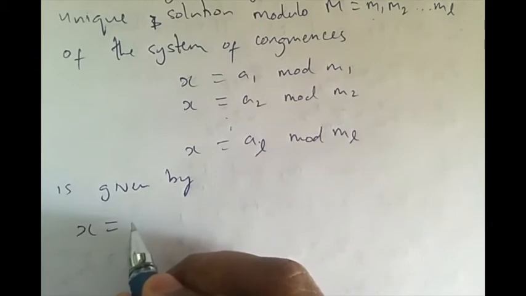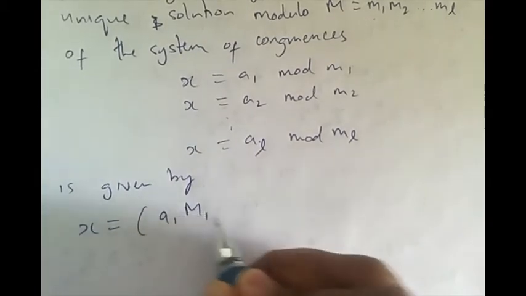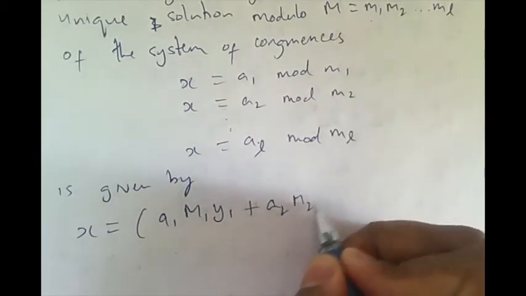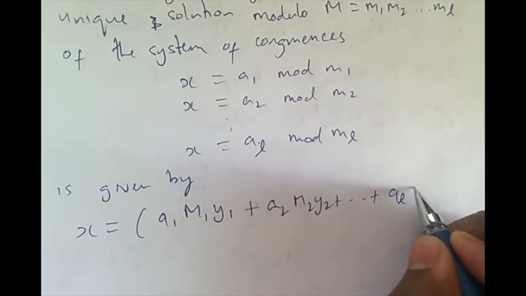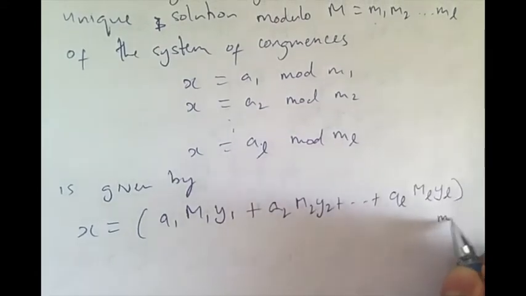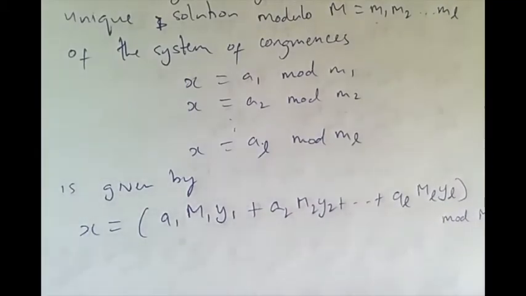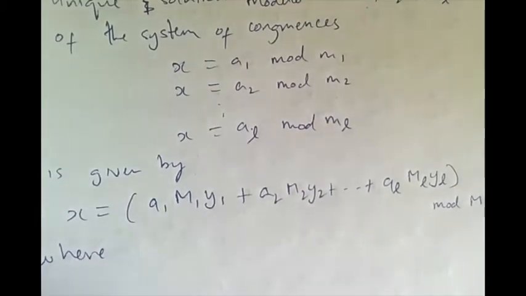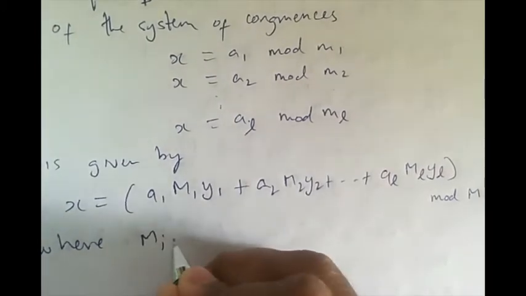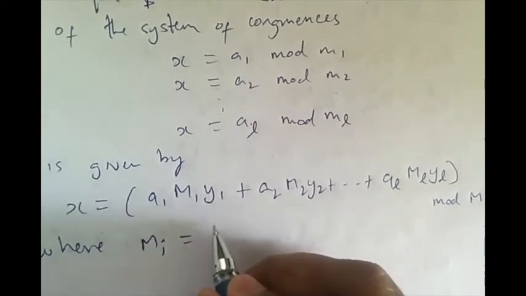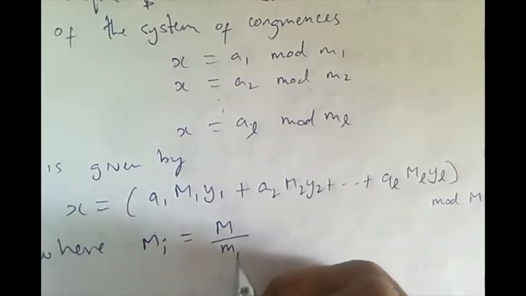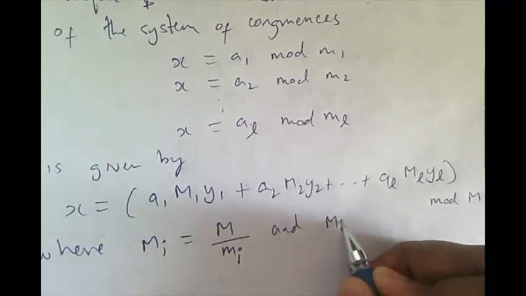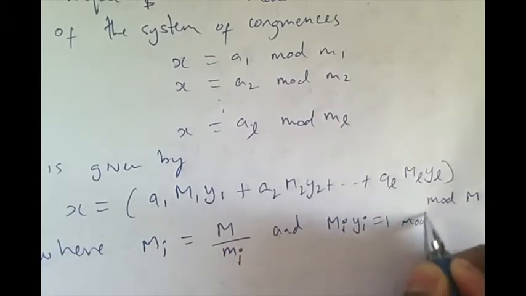capital, small x equals a1 capital M1, I'll define it shortly, capital M1 y1, I'll define y1 also, plus a2 capital M2 y2, up to al capital Ml yl, mod capital M, where capital Mi, the ith capital M, is going to be capital M, which is the product of all the small m's, divided by small mi, and capital Mi yi equals 1 modulo small mi.